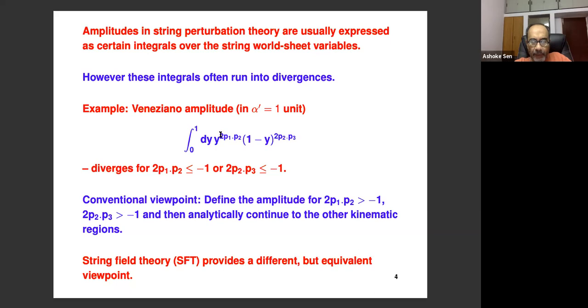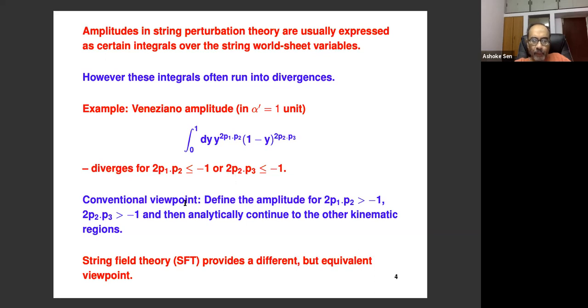And here P1, P2, P3, and P4 are the momenta of the 4 external particles, all regarded as ingoing. So an outgoing particle will be counted as momentum minus P. And if you examine this, you see that this integral diverges whenever 2P1·P2 is less than or equal to -1, or 2P2·P3 is less than or equal to -1.